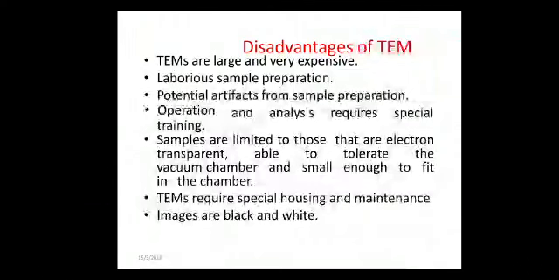Then embedding in resin, where the material is gradually infiltrated with still unpolymerized resin. Then we require trimming of the resin block, ultra thin sectioning and collection of sections on a grid.